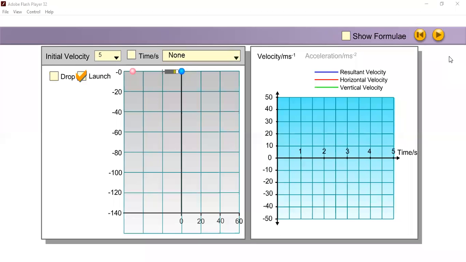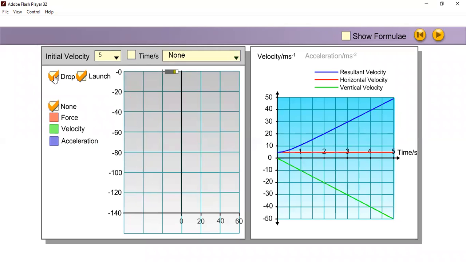Now we notice that just now was an object falling down. If an object is dropped only, it will go straight down like that. If we launch an object, it will fall down like that.